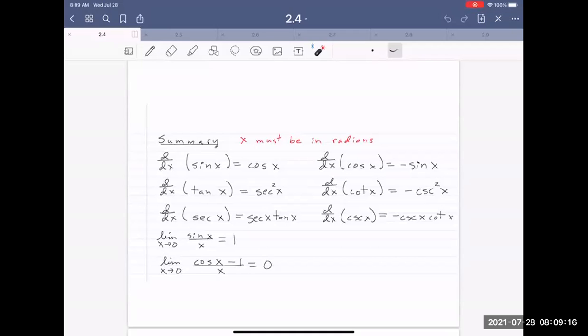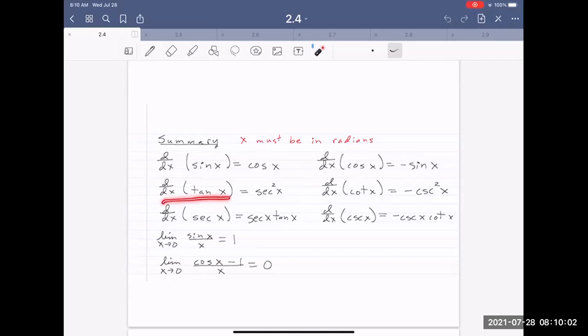So you should be able to see a pattern here: the derivative of the cofunctions, so you have a sine here and a cosine here, is just the negative of the cofunction of the derivative. The derivative of sine x is cosine x. So the derivative of cosine x is change it to negative, so it's a negative sine.